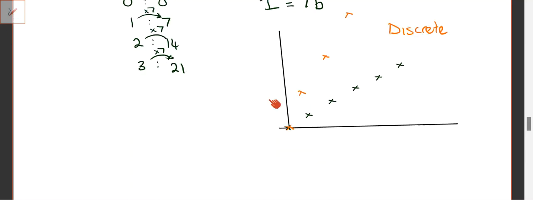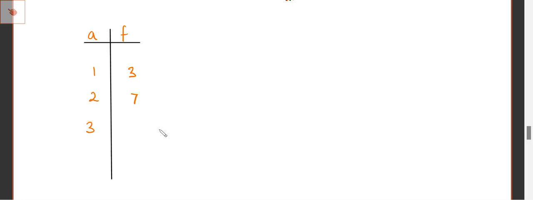One thing I've got to say to you though, let's consider this one. So here's the table of 2 things. I'm going to write it like this. Let's just do A and F. Let's do 1 and 3, 2 and 7, 3 and 11, 4 and 15, 5 and 19.